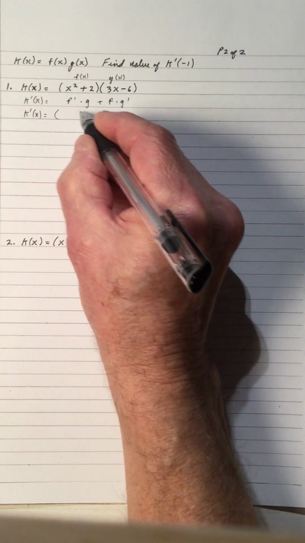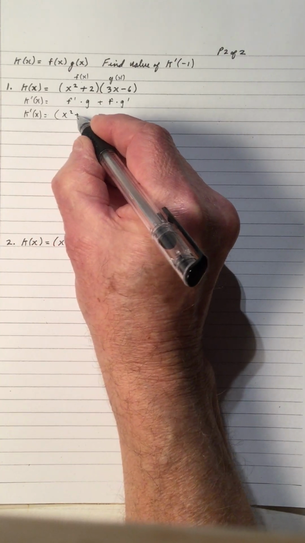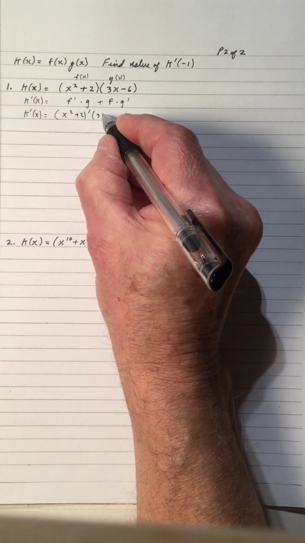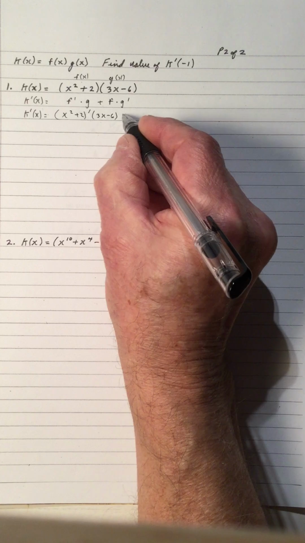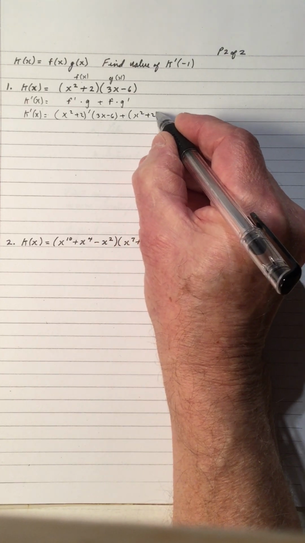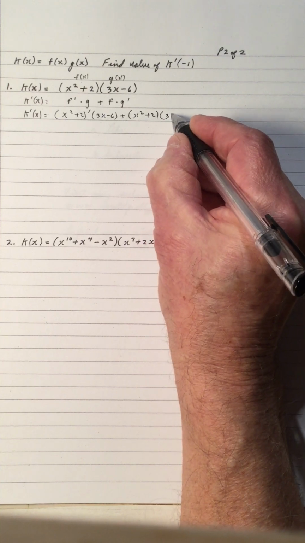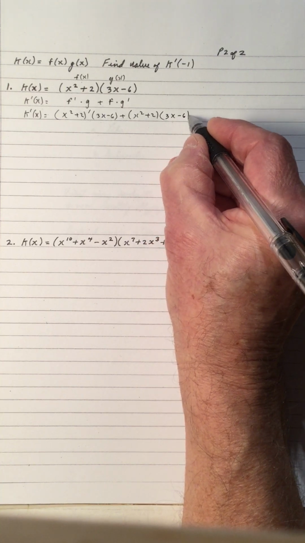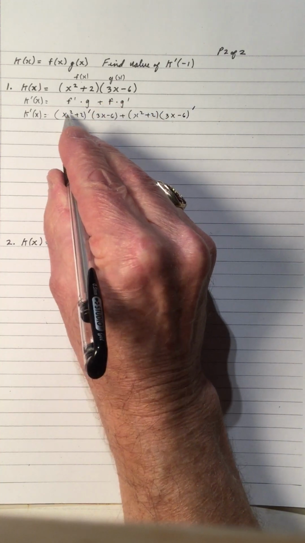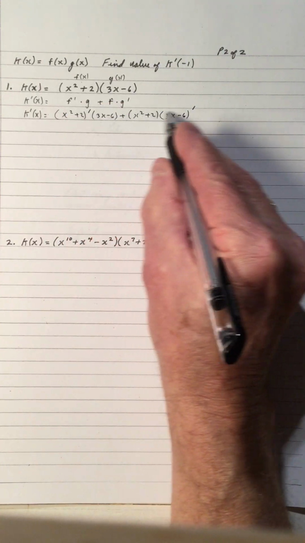This would be (x squared plus 2) derivative times the g, which is 3x minus 6, add on f, which is x squared plus 2, times (3x minus 6) derivative. So I'm just filling in what f is and what g is into this.